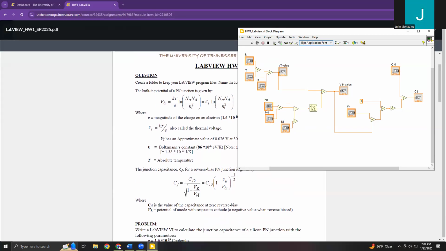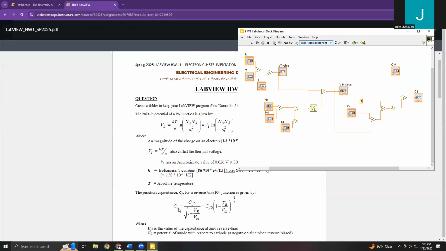Once you have your VBI value, that's how you can calculate your junction capacitance. So I started with the part under the square root in the denominator. I took my VR, the user input value, divided by the VBI value we just attained.